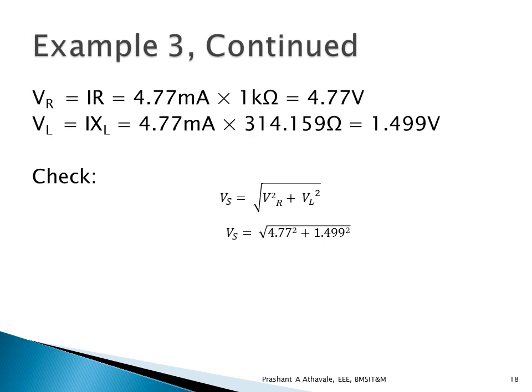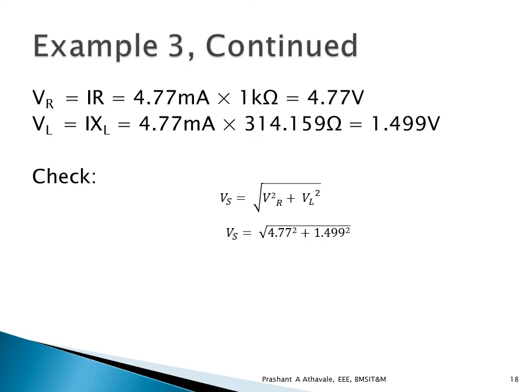And the voltage across the inductor is 1.499. If you were to just add the two numbers, 4.77 plus 1.499, the sum will be around 6.3. But the supply is only 5 volts, so you don't have 6.3 volts.